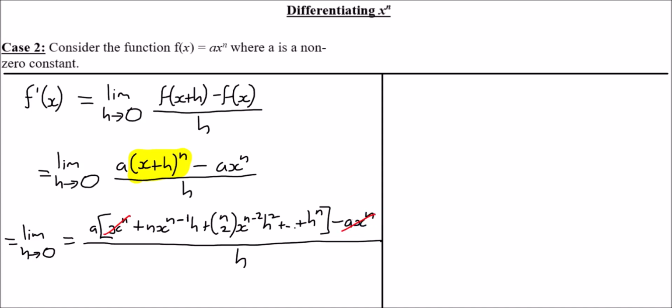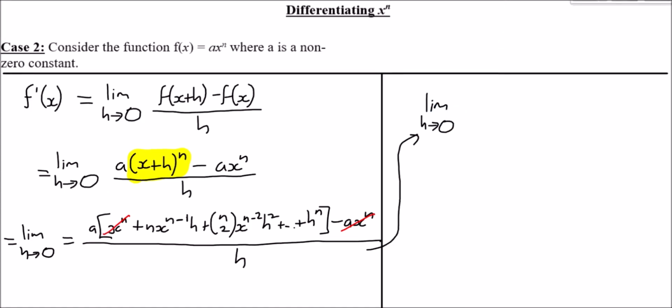And so what we're going to be left with, if I just use this space here, is the following. It's going to be the limit as h goes towards 0 of the following.